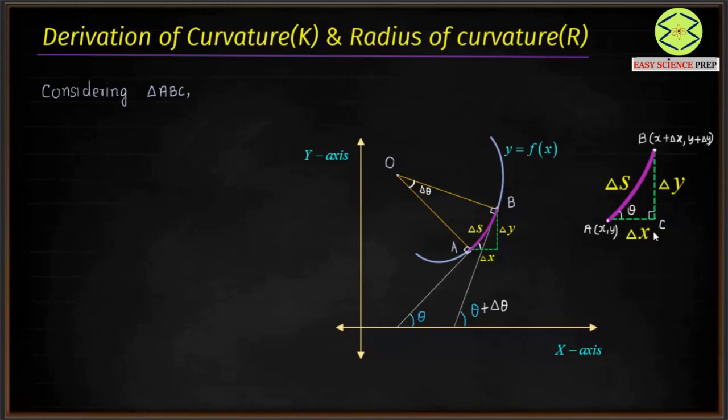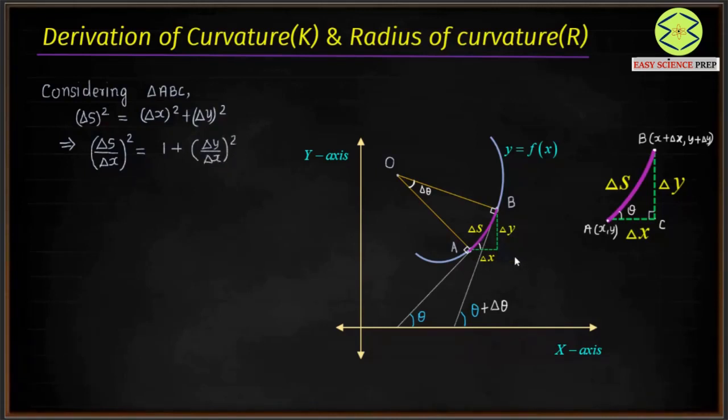So approximately I can write here delta s square equals delta x square plus delta y square. You'll get from here delta s over delta x the whole square will be equal to, this will become 1 because we are dividing both sides by delta x square, so this will become 1 plus delta y over delta x the whole square.